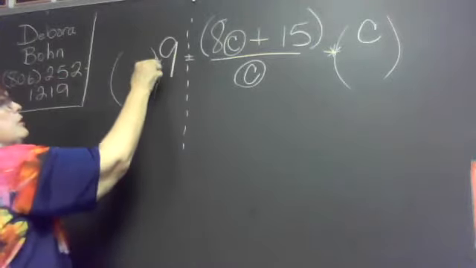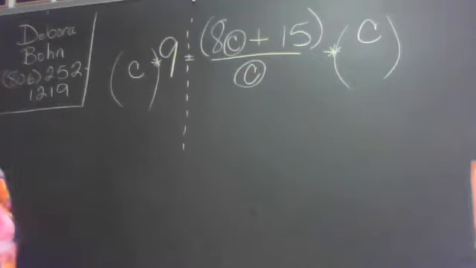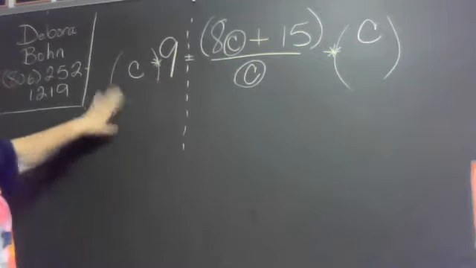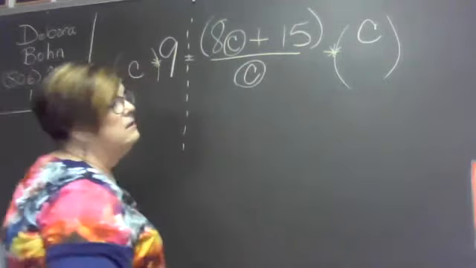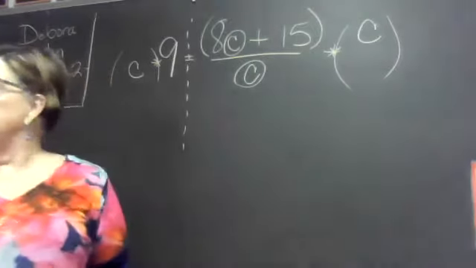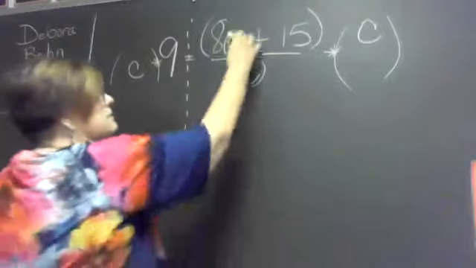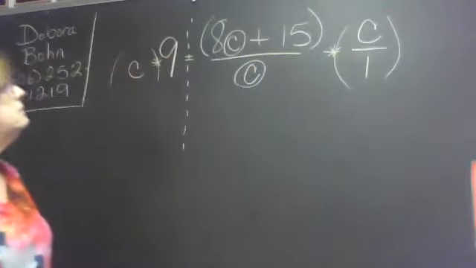Everybody okay? Okay. So when we do that, the C, just like a whole number, if we want to make it a fraction, we can put it over 1.